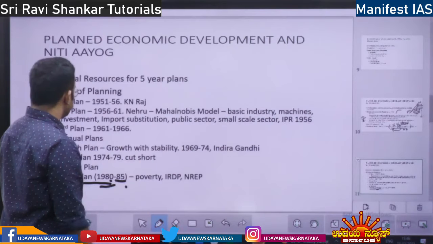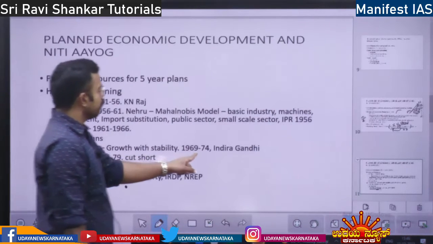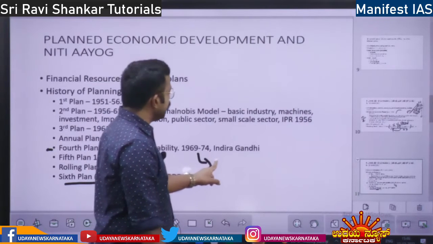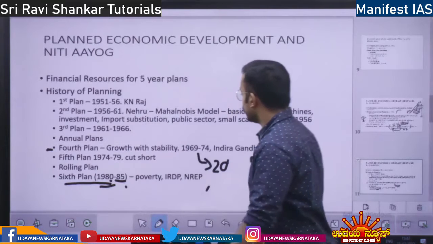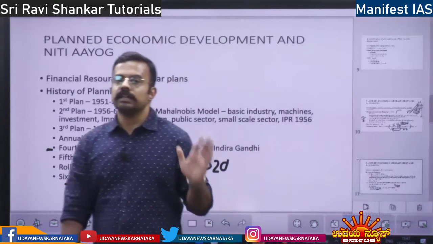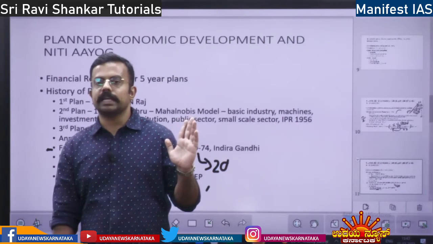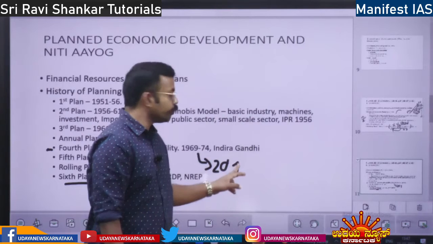In this plan, as in the fourth plan, she gives the 20-point program for poverty eradication. Whenever Indira Gandhi comes, think that she has done work towards poverty eradication. She has done a lot of work on poverty removal.